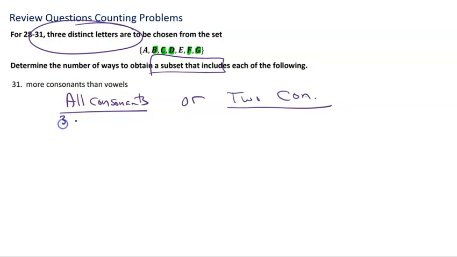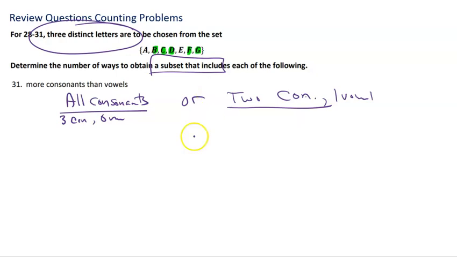I could write that under there. 3 consonants, 0 vowels. Or I could have 2 consonants and 1 vowel. But I couldn't have 1 consonant and 2 vowels, right? Because that doesn't meet the condition of more consonants than vowels. So yes, these are the only 2 ways I could do this: 3 consonants, 0 vowels, and then 2 consonants and 1 vowel.